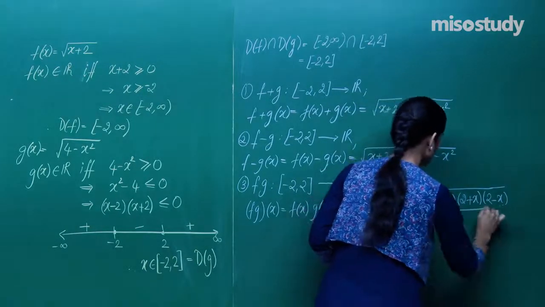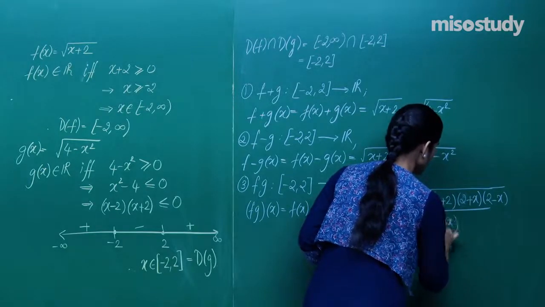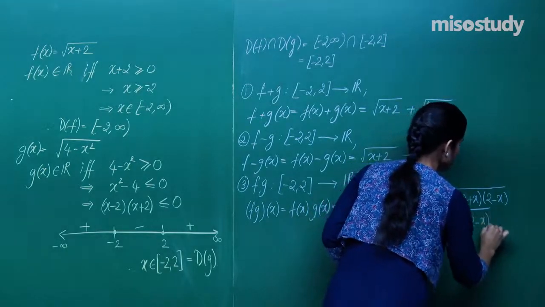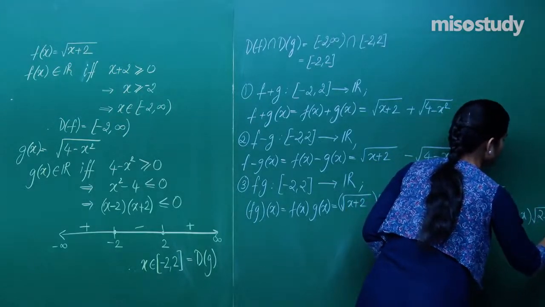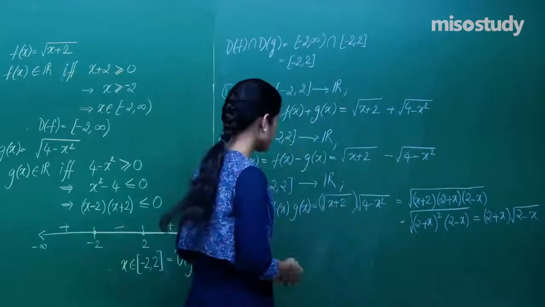So this gives you root over 2 plus x whole square 2 minus x, which is 2 plus x into root over 2 minus x.